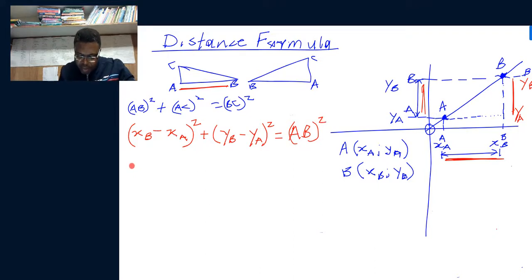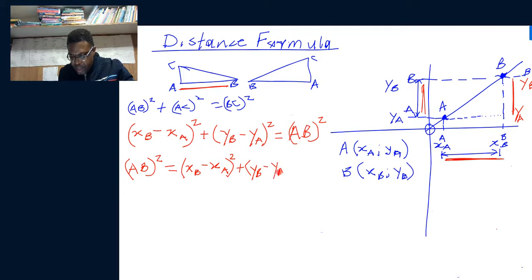Now we have AB all squared equals to (xb subtract xa) all to the power 2 plus (yb subtract ya) all to the power 2.